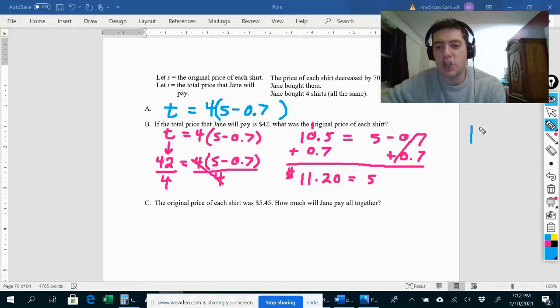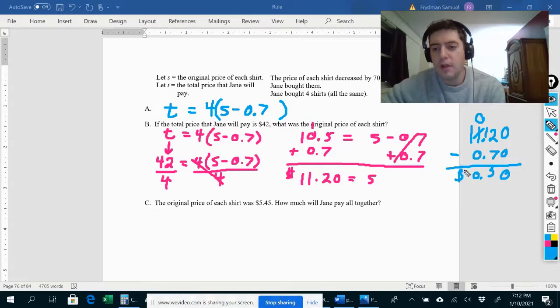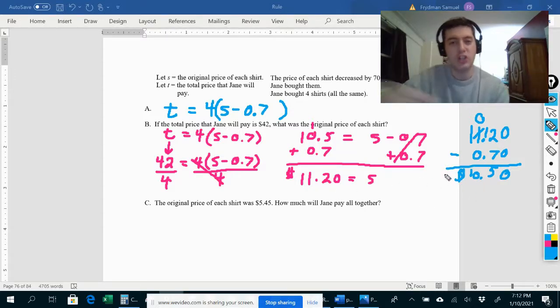So that means that Jane, when she walked up to the register, really, she only had to pay 50 cents. No, not 50. What am I talking about? $10. Okay, I forgot this 1 over here. That would be really good if the price went from $11.20 to just 50 cents. No. So she actually, when she went up to the register, only had to pay $10.50 for each shirt.